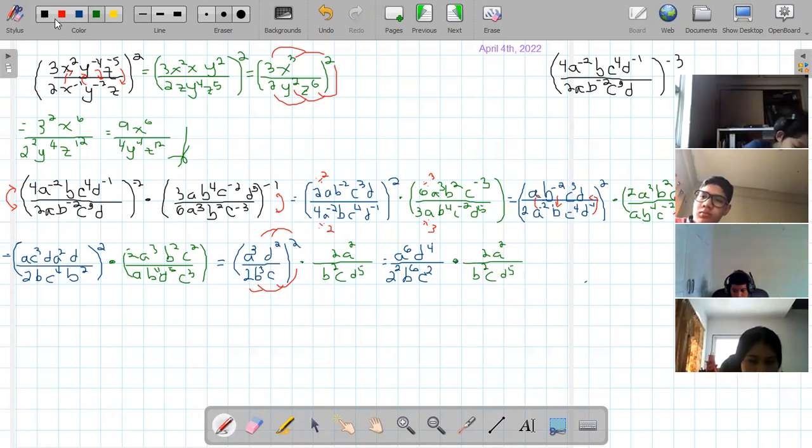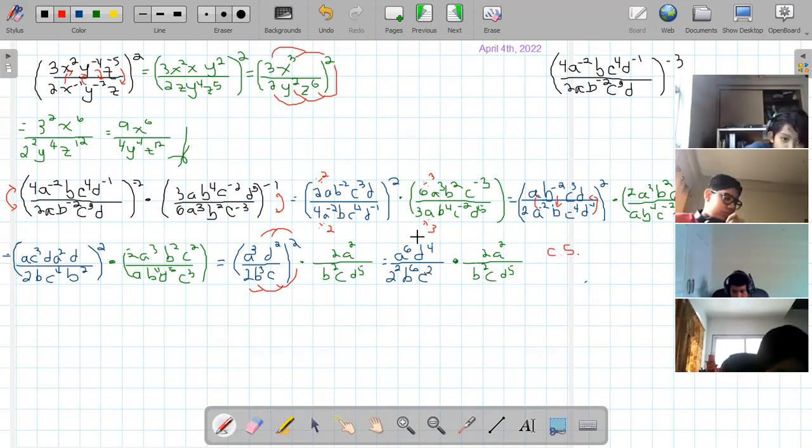Now, this is when something called cross simplification comes in handy, where you multiply horizontally, but you divide vertically or crossed, okay? Now, what does that mean? That we're going to simplify and multiply if possible, before doing anything else.